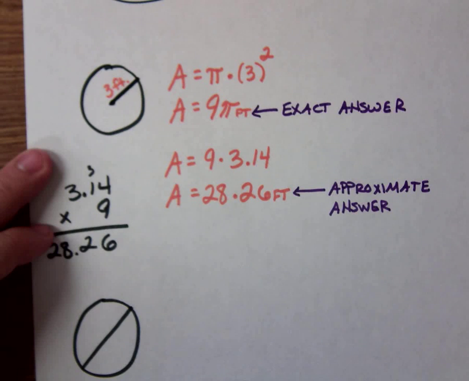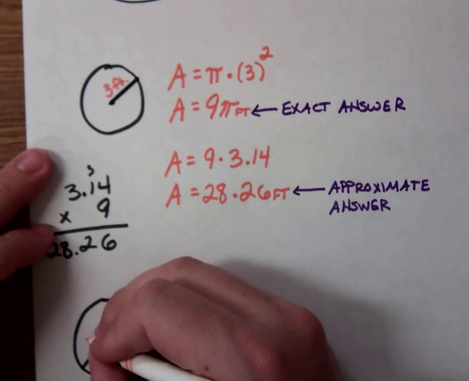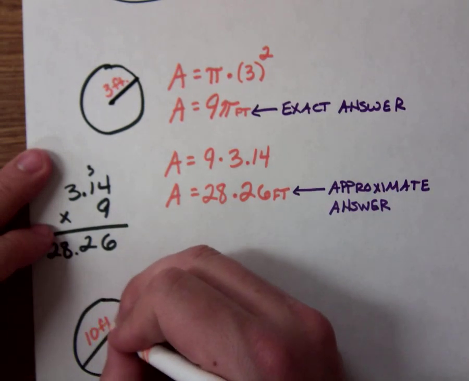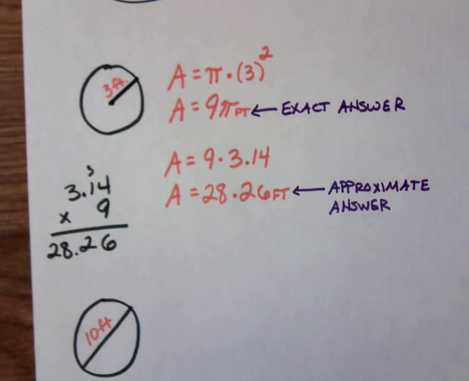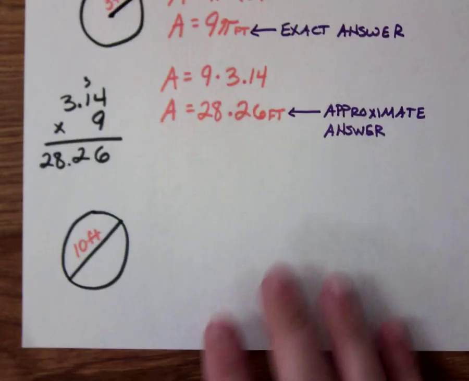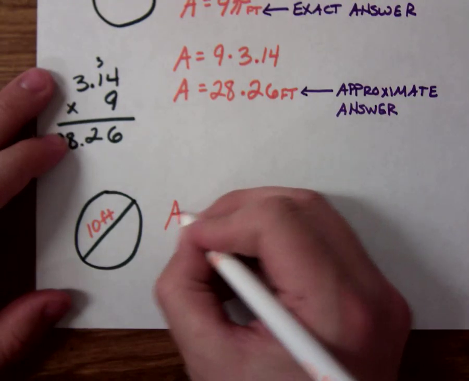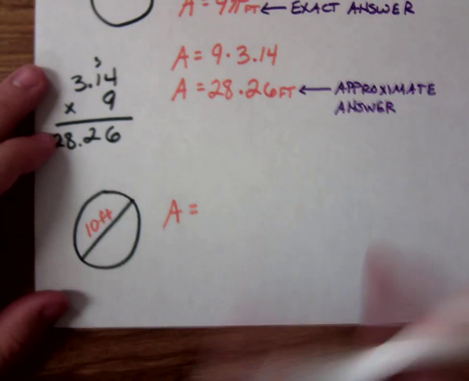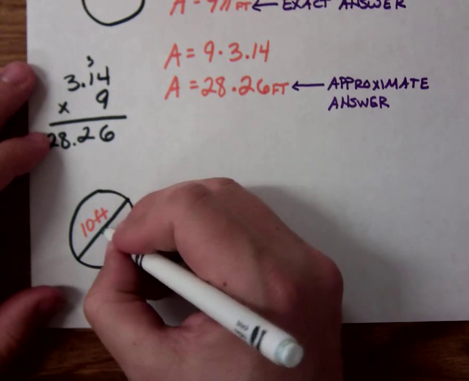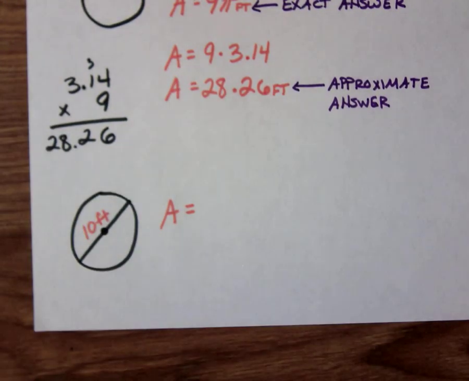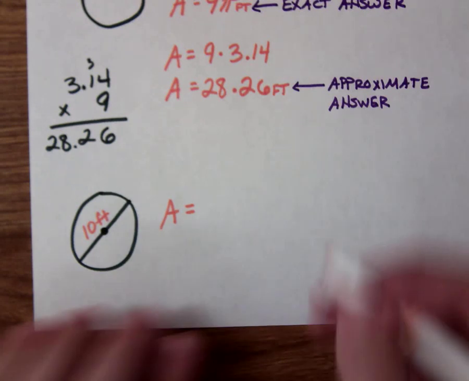So let's say I give you the diameter, and I say it's 10 feet. My formula I use is still going to be pi r squared. The only difference is I wasn't just given r this time. I was given the diameter. Let's put the center in there so we know it's really the diameter. I wasn't given r. I was given d. So what is the radius in this problem? 5.